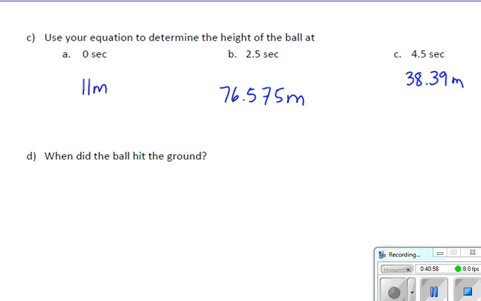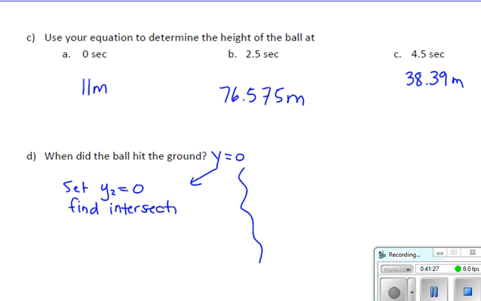Okay? Now, when did the ball hit the ground? How do we do that? Y is equal to 0. So there's two ways to solve this. The first way you can go is set y2 to 0, and then find the intersection.